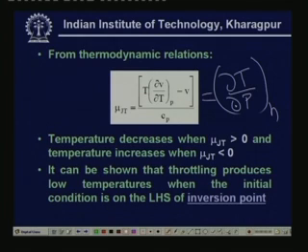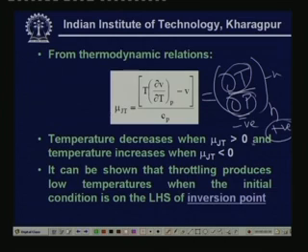So during an expansion process pressure reduces, that means dou P will be negative. So if temperature also reduces, then dou T also will be negative. That means the Joule-Thomson coefficient will be positive, right. So for gases whose temperature reduces during throttling, the Joule-Thomson coefficient has got to be positive.